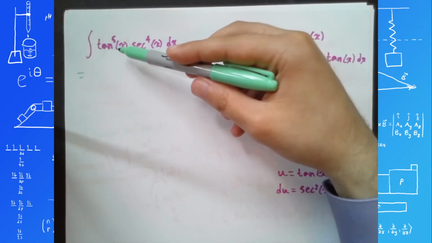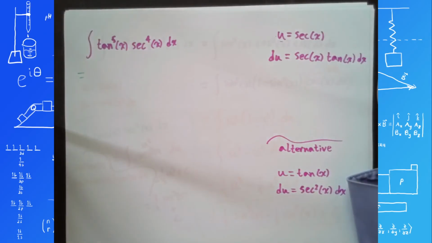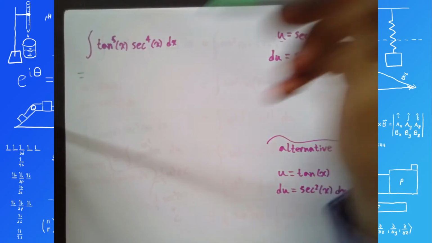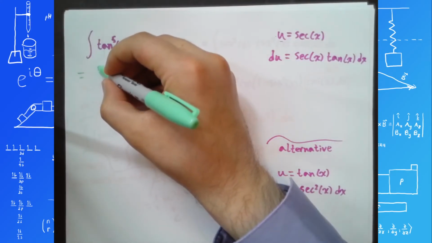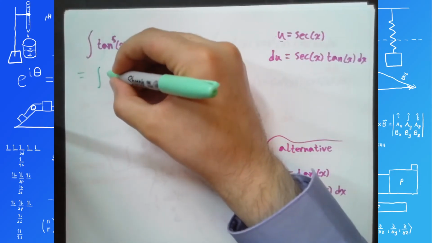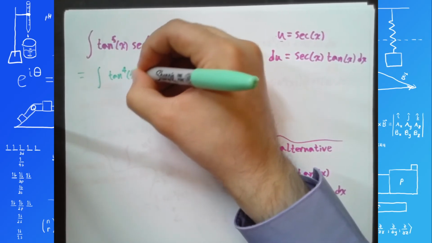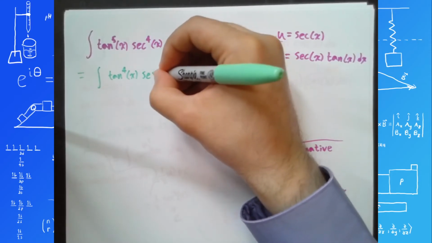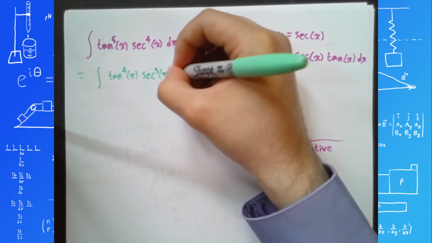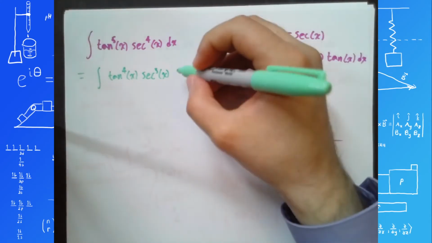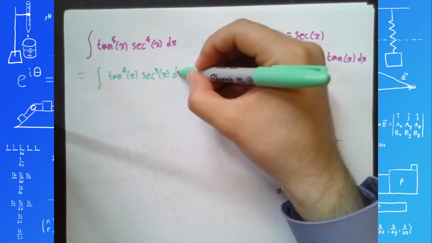So tangent to the fifth secant to the fourth becomes tan to the fourth of x secant cubed of x. And then we took out the dx with one tangent and one secant, so now it's a du.